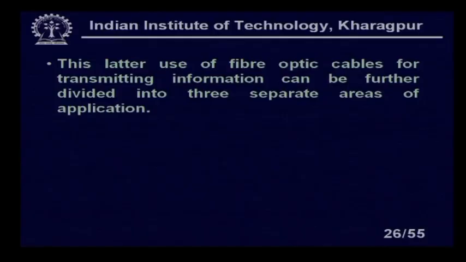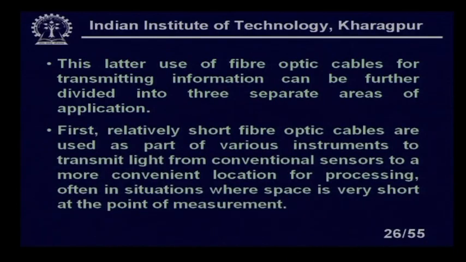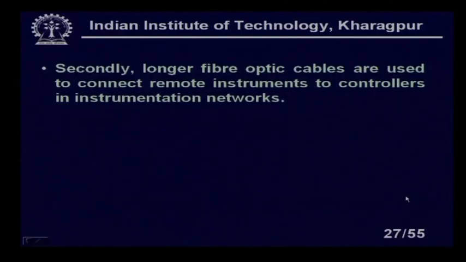Okay. The latter use of fiber optic cables for transmitting information can be further divided into three separate areas of application. First, relatively short fiber optic cables are used as part of various instruments to transmit light from the conventional sensor to a more convenient location for processing, often in situations where space is very short at the point of measurement.